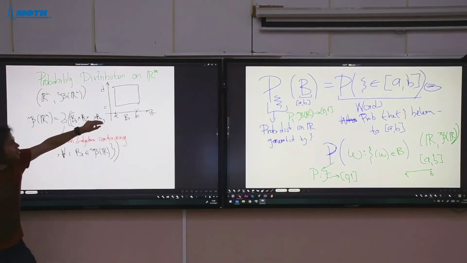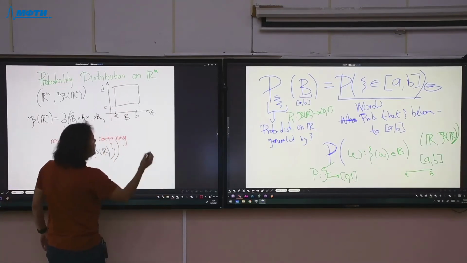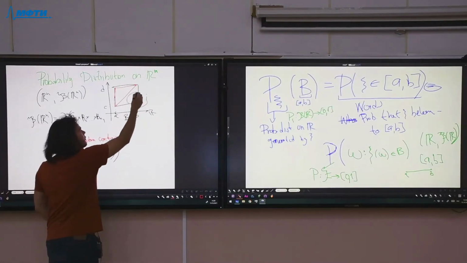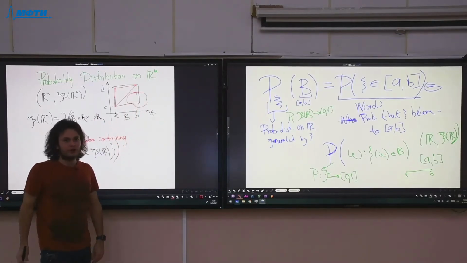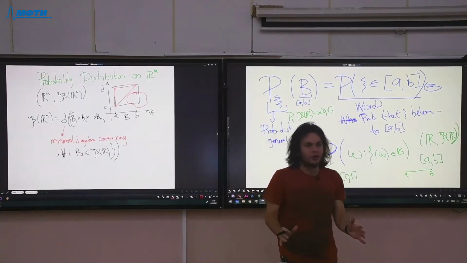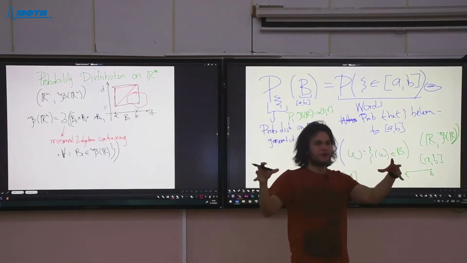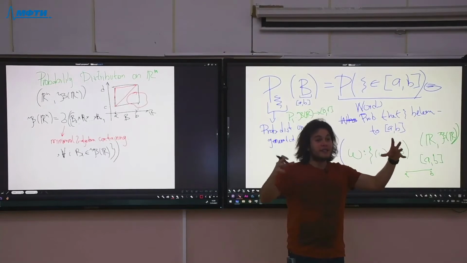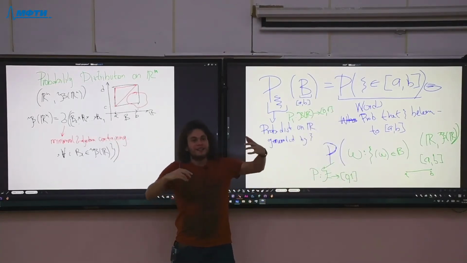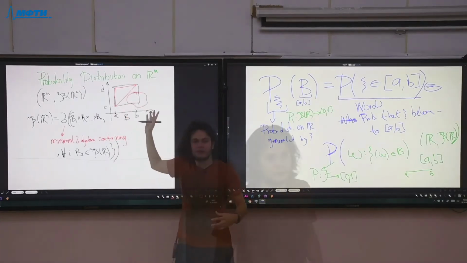Why? Because we don't need only this. We also need, for example, this, right? Or this. So we need all the possible areas on the plane, for example, right? Or all the possible figures on the space and so on. And the minimal sigma algebra containing this, so all the squares, is the sigma algebra that has all of these shapes like this.